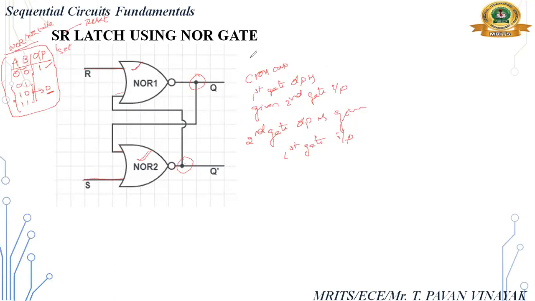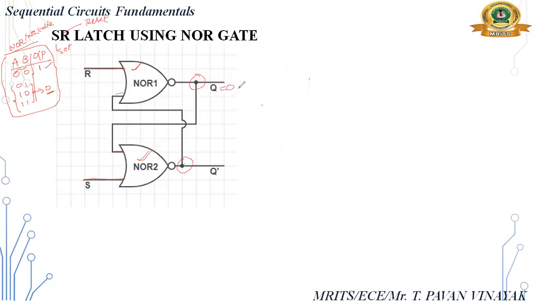Then what is the meaning of set and what is the meaning of reset? When reset is equal to 1 and set is equal to 0, the output Q is always 0. That is the meaning of reset.